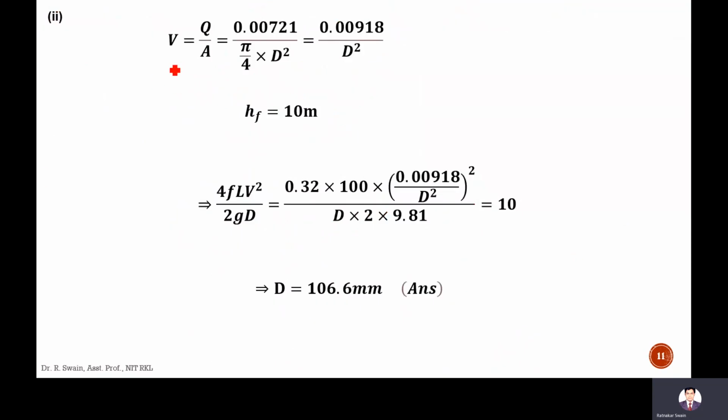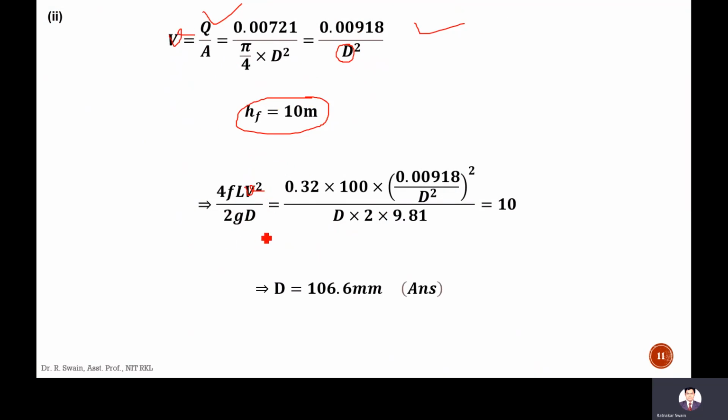So the velocity, if the total discharge you have already calculated, you can calculate as Q by area, and let d be the diameter of this single pipe. Then it will be 0.00918 by d square. So hf is 10, head loss is given. So hf is 4fl v square by 2gd. This should actually be small v.